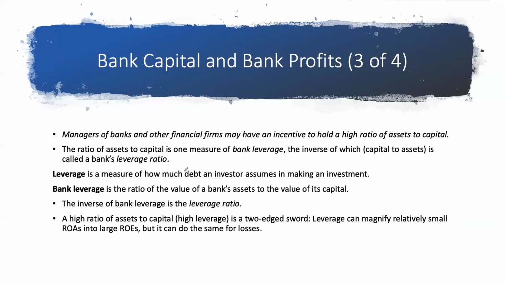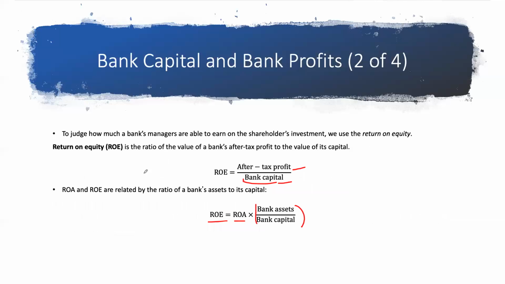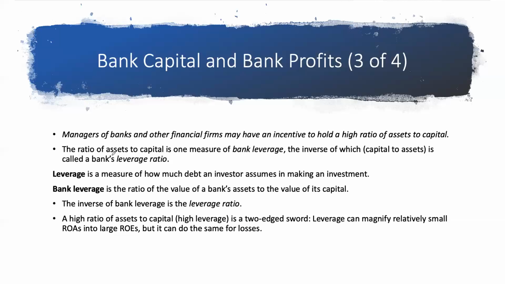So the ratio of assets to capital is one measure of what we call bank leverage, right? The inverse of which is capital to assets. If you take the inverse ratio of bank capital to bank assets, that's what is known as the bank's leverage ratio. Okay. So leverage is a measure of how much debt is being used to purchase these assets and to finance all the operations of the bank.